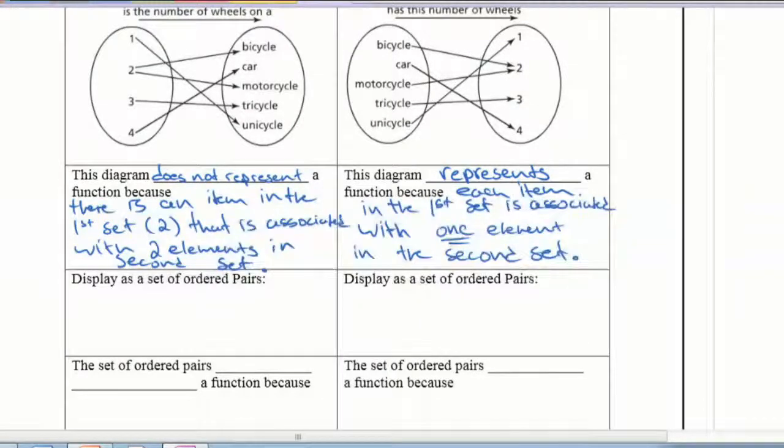So what axis would each term be on if we were representing this in a graph? I don't even think we have to do these as a graph.